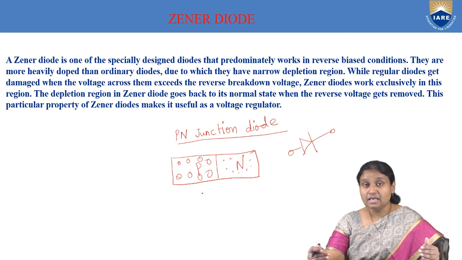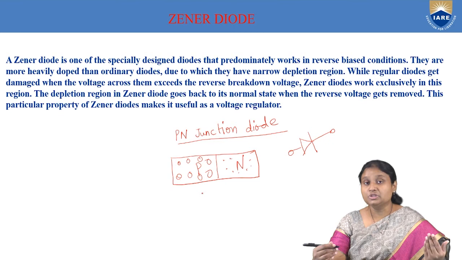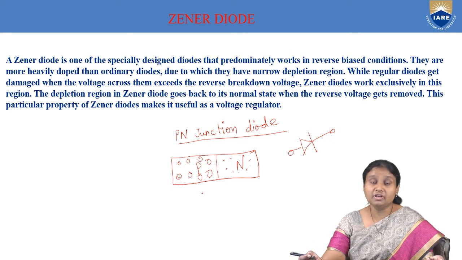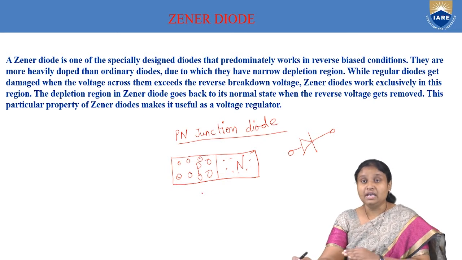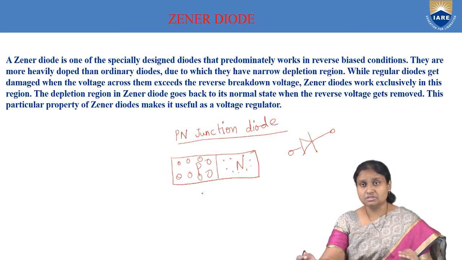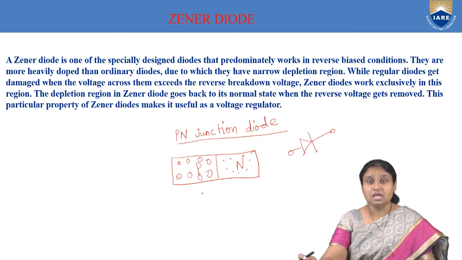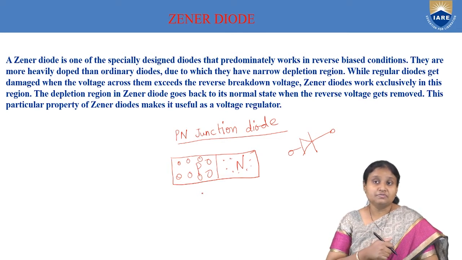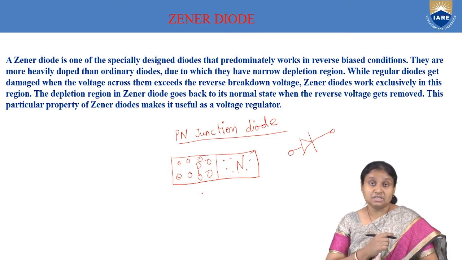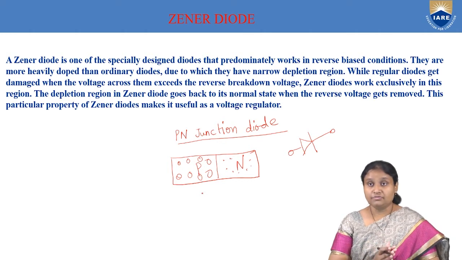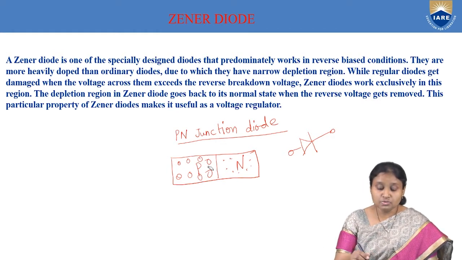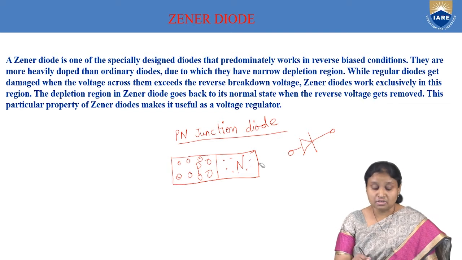Similarly, in N-type semiconductor we have a majority of electrons, whereas in P-type we have a minority. So electrons start flowing from N-type to P-type, that is, from higher concentration to lower concentration. Once this diffusion of charge carriers takes place, holes from P-type, when they go to N-type, combine with electrons, lose their energy and become neutral.